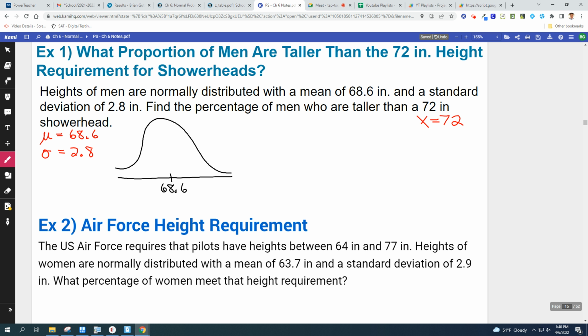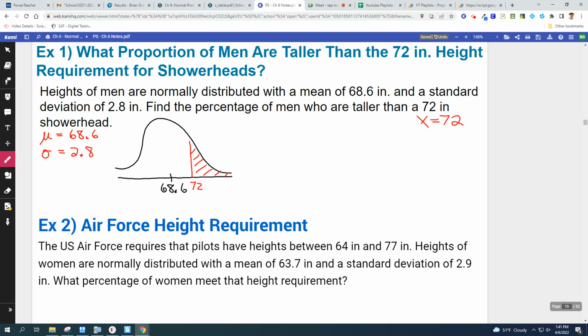And so if you think about this specific problem, it's talking about 72 inches, and we want to know something about the people that are taller than 72 inches. So we're looking at this. What percentage of that curve is on the right side of that number 72?